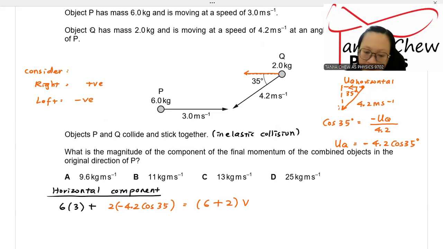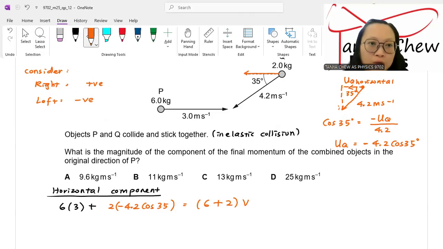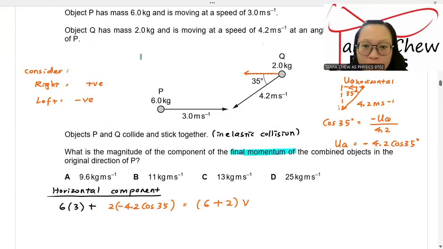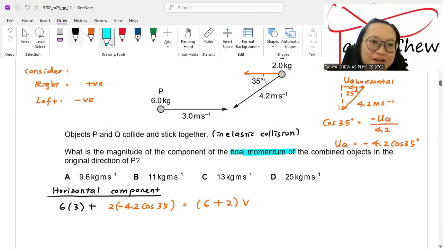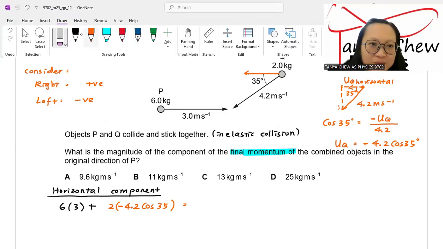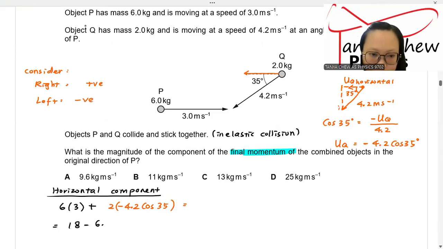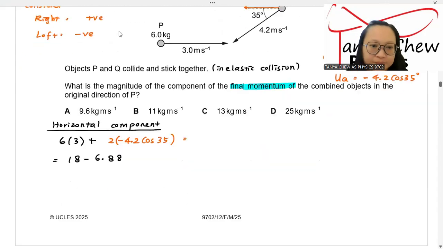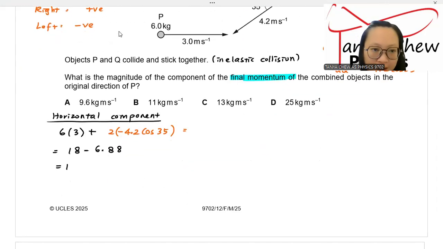Oh, what is the magnitude? You are not finding the final velocity; they ask you to find the final momentum. Let me erase this and get an answer first. My answer for this one is 18 minus 6.88, and I got 11 kilogram meter per second.